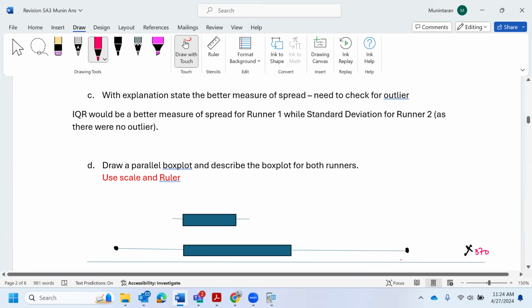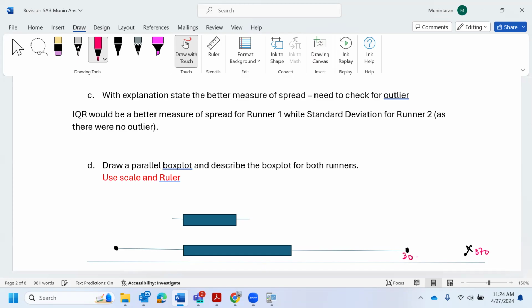Yeah. 360. Okay, because we found the outlier, so you include the outlier in your box plot. Your Q3, 350, 360. I think it's not really into a scale, so you should do according to the scale.